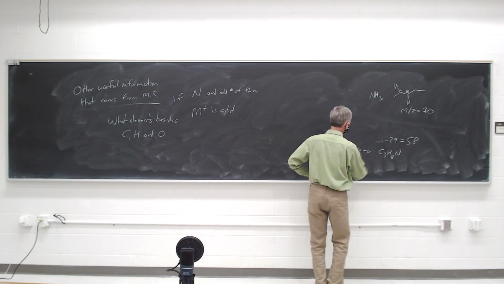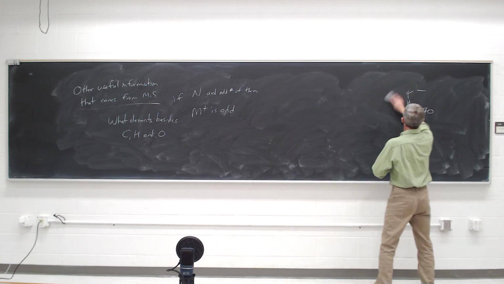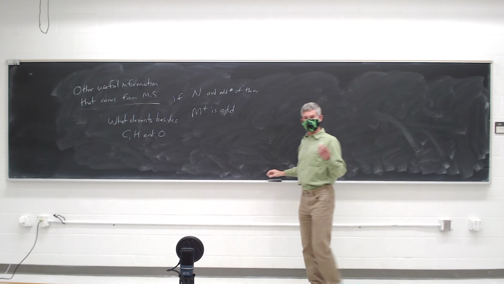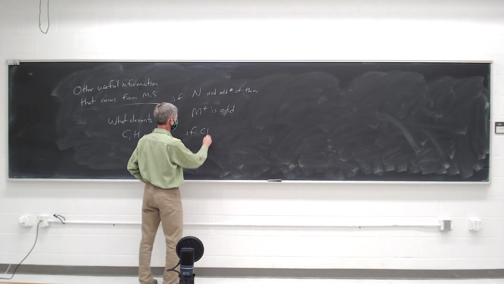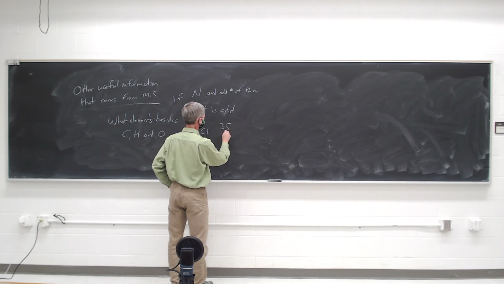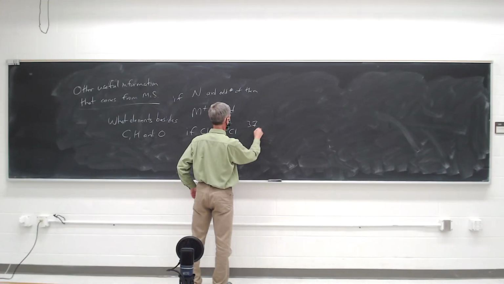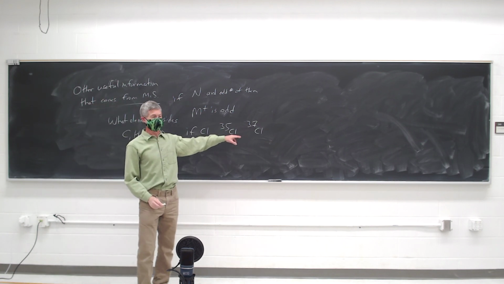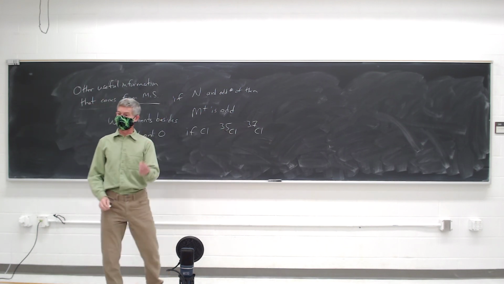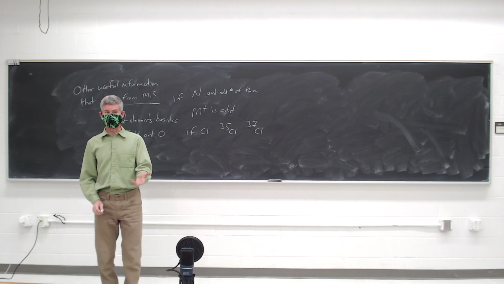The other place where it becomes really useful to look in the molecular ion region is when you have 2 isotopes. So if there's chlorine, which has 2 common isotopes, 37 chlorine and 35 chlorine, the average atomic mass is 35.453, but no chlorine atom has a mass of 35.453 atomic mass units.